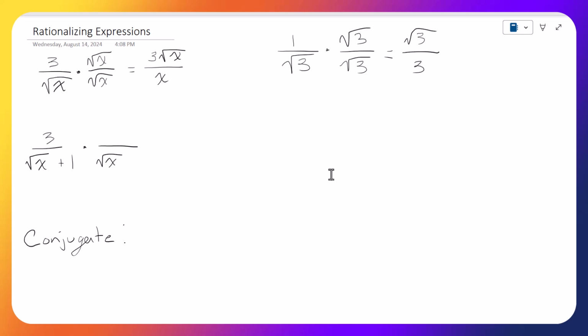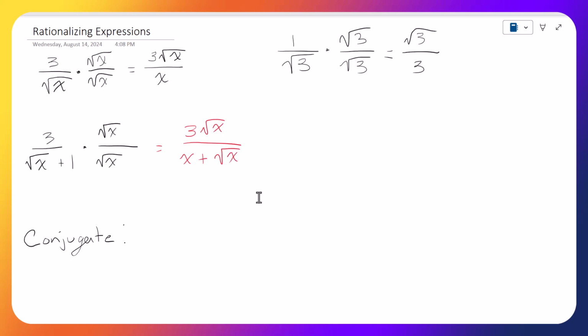And if I were to do a lesson on this, I would sort of explore what would happen here. But for the sake of time and to keep this short, this isn't going to make the square root go away exactly, because if we were to just do this, we would end up with 3 square root of x over x plus square root of x.